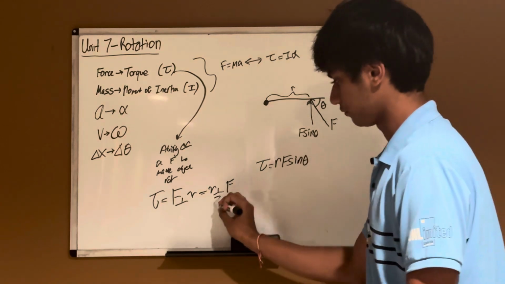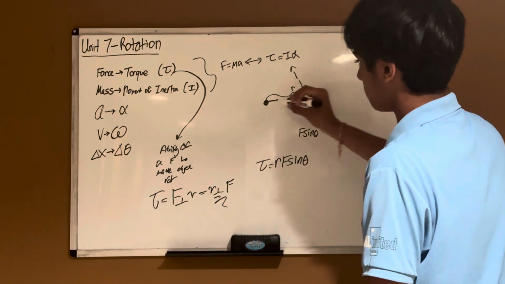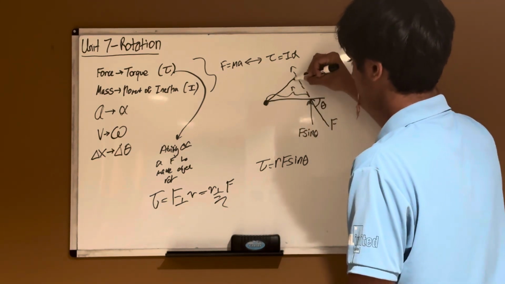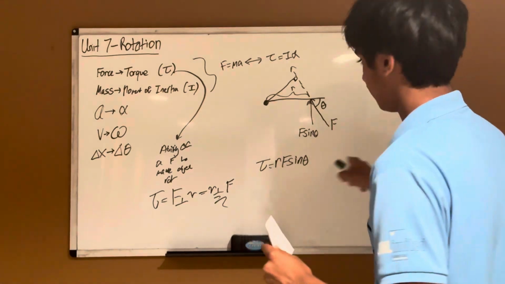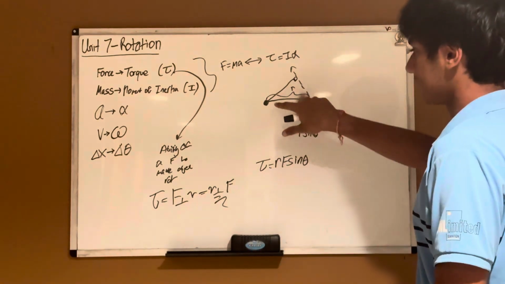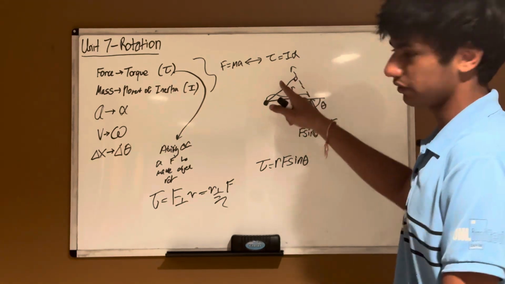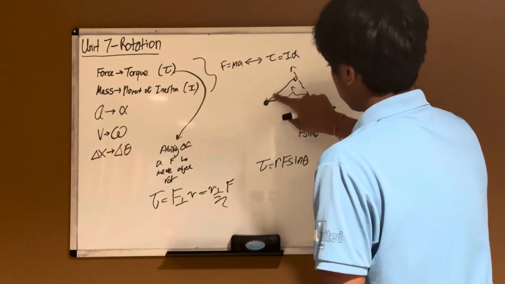Or we have this formula too. We can also draw a line of action of the force, and draw the perpendicular from the pivot to this line of action. We imagine the force goes on in a straight line. That's the line of action, and then we take the perpendicular from this line of action to the pivot.